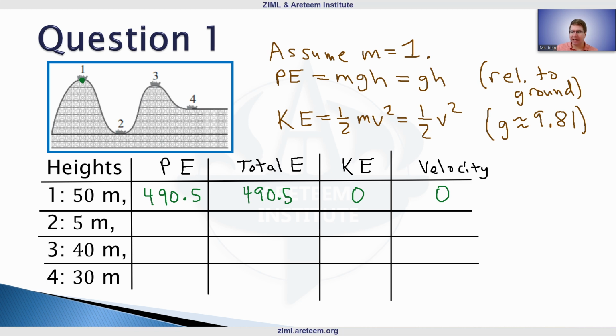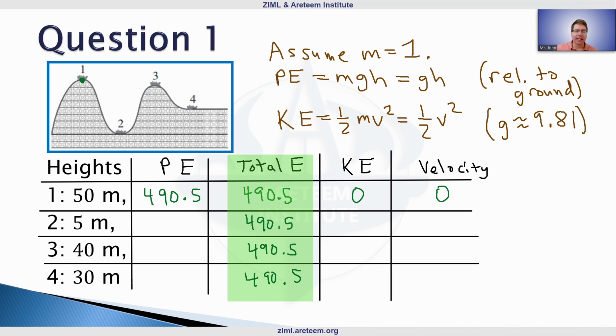And our key idea that I was getting at in the problem is that this total energy is never going to change. So if we highlight that bit there, all of these cells are going to be 490.5. That's what we're going to have for every single case there.